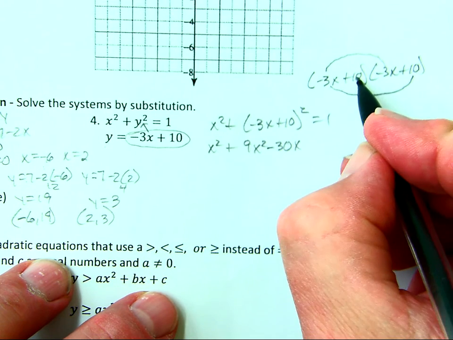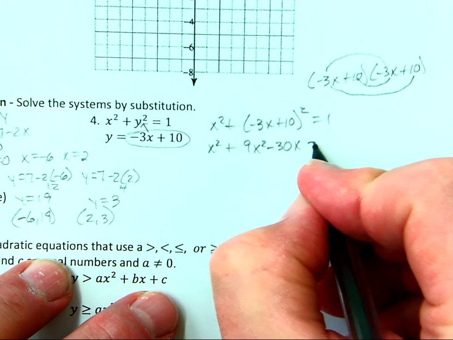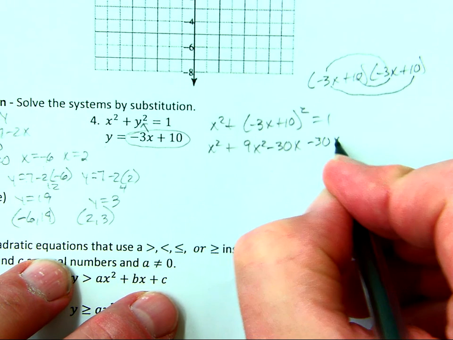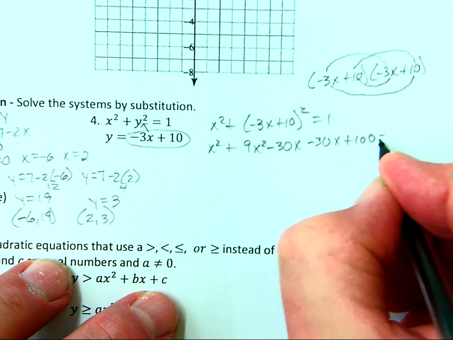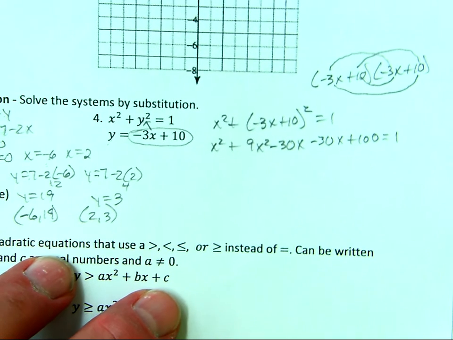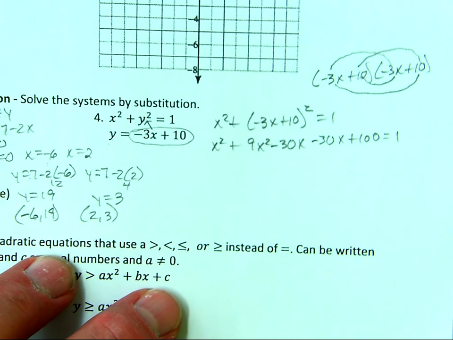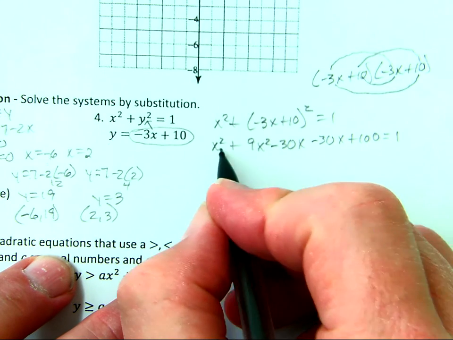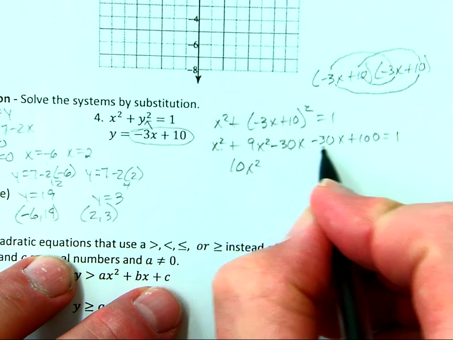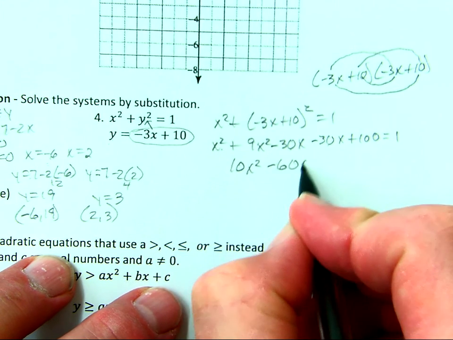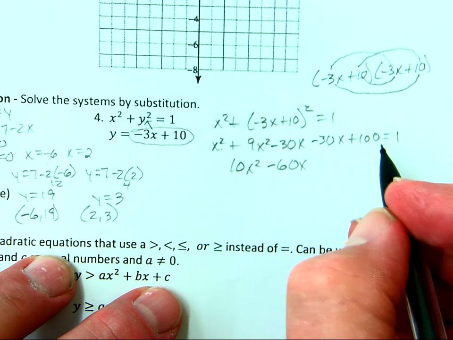And in here we have 10 times negative 3x, that's negative 30x. Then we still have 10 times 10 is 100. Our equation looks like that. Now let's combine like terms. We have x squared and 9x squared is 10x squared. Negative 30x and a negative 30x is a negative 60x. And then 100.